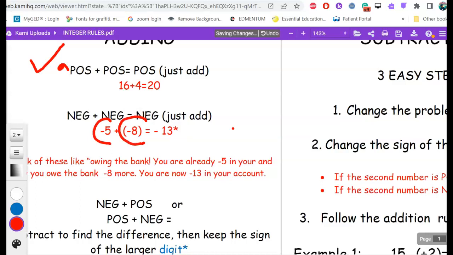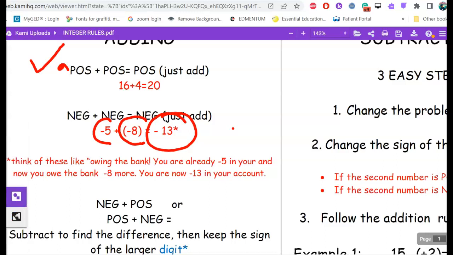So that means you owe that much more money to the bank. So you now owe the bank 13. So negative 13. If you have a negative plus another negative, you will never be in the positive. The answer will always be negative, because basically what it represents is you are digging yourself further and further into a hole in your bank account. So you keep going down.